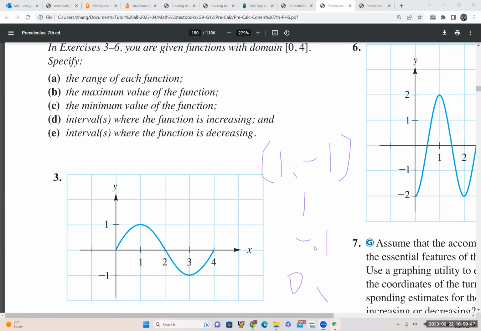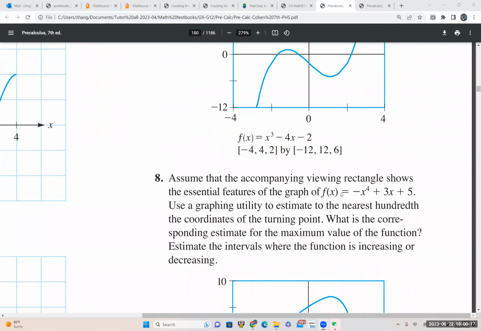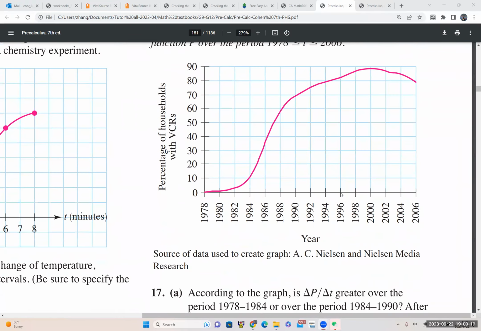Increasing, would it be 0 to 1 and 3 to 4? 0 to 1, 3 to 4, and decreasing 1 to 3, right? Yeah, you can include or exclude the endpoints. It's okay. Yeah, then we're done. Now let's go to 17. Here.